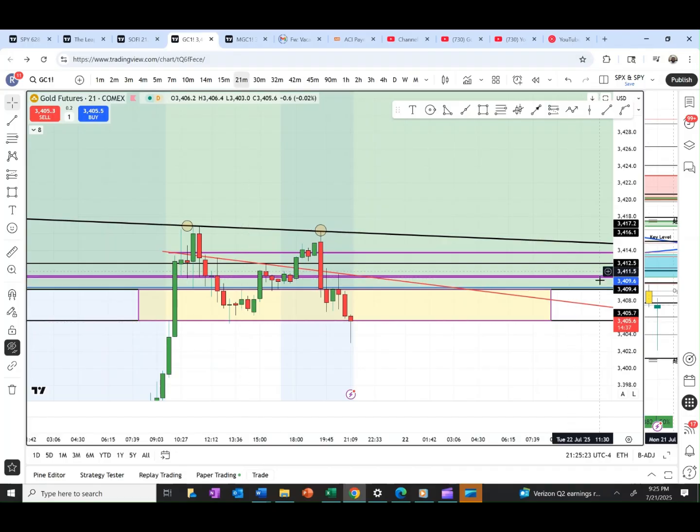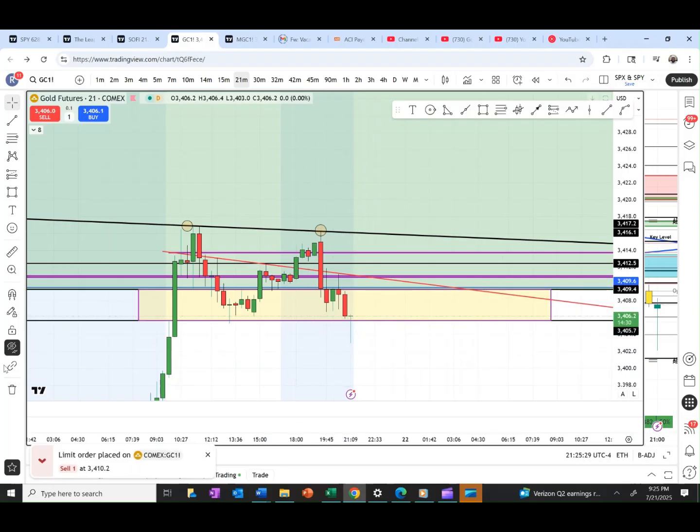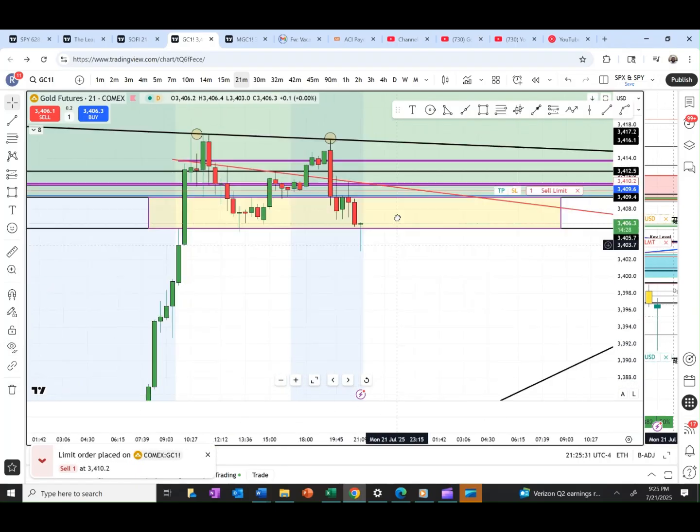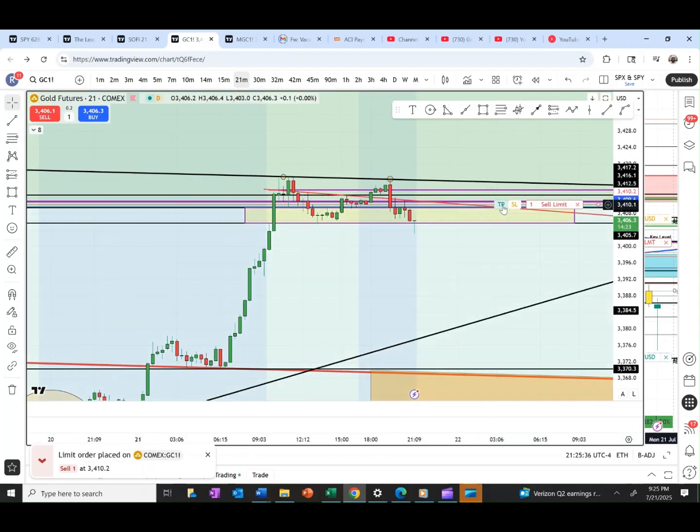All right, we're gonna see if we can catch an order right here. I want to see if we can catch one right here. So we're gonna sell one here, and then we are going to take profit, I would say about here, and then we're gonna do a stop loss up here.